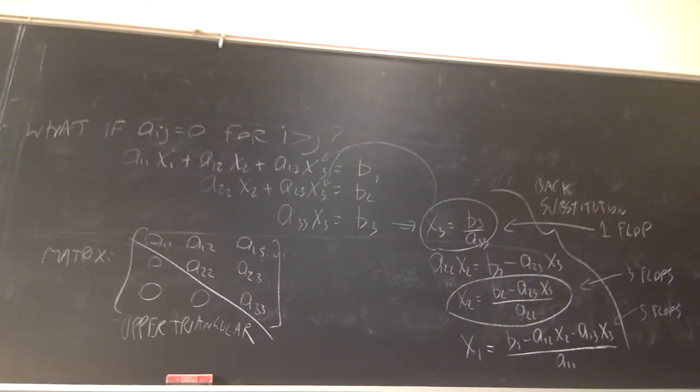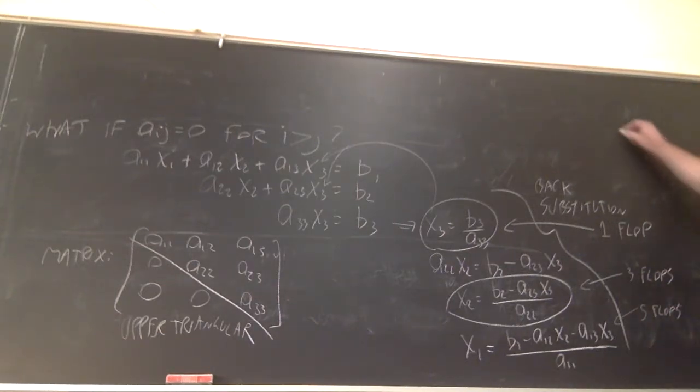Now, from this pattern, we can see that every time we add another unknown, with more equations, more unknowns, we're going to add 2 more flops each time. This will continue 1, 3, 5, 7, 9, 11, and so forth.